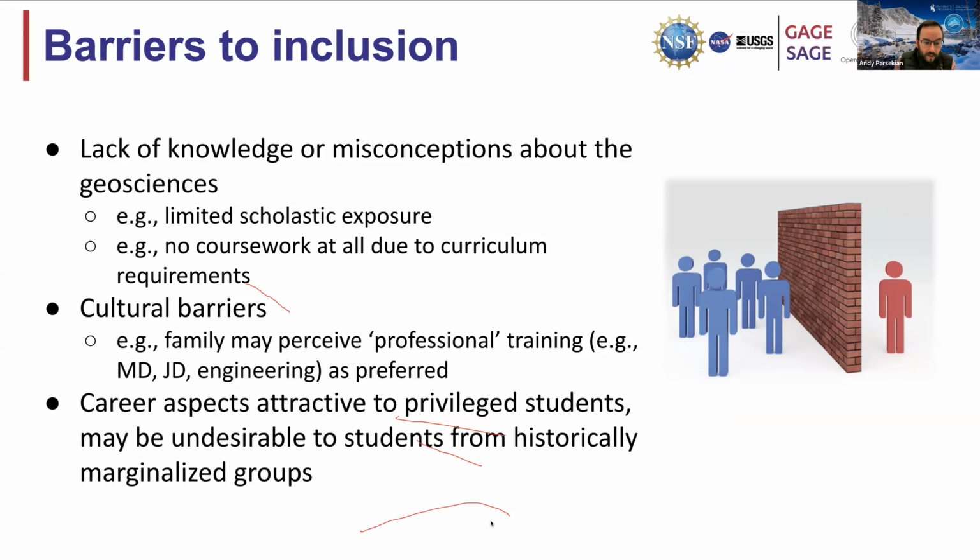And finally, that there are career aspects attractive to privileged students that may not actually be desirable to students from historically marginalized groups. And again, back to the example of, well, some of us like to get lost in the woods just because that's how we grew up, but that's not how everybody grew up. And that actually might be a detriment to attracting those students. So to show students that there are other ways to engage in geoscience and geophysics without being necessarily just lost in the woods. So Beth, next slide, please.